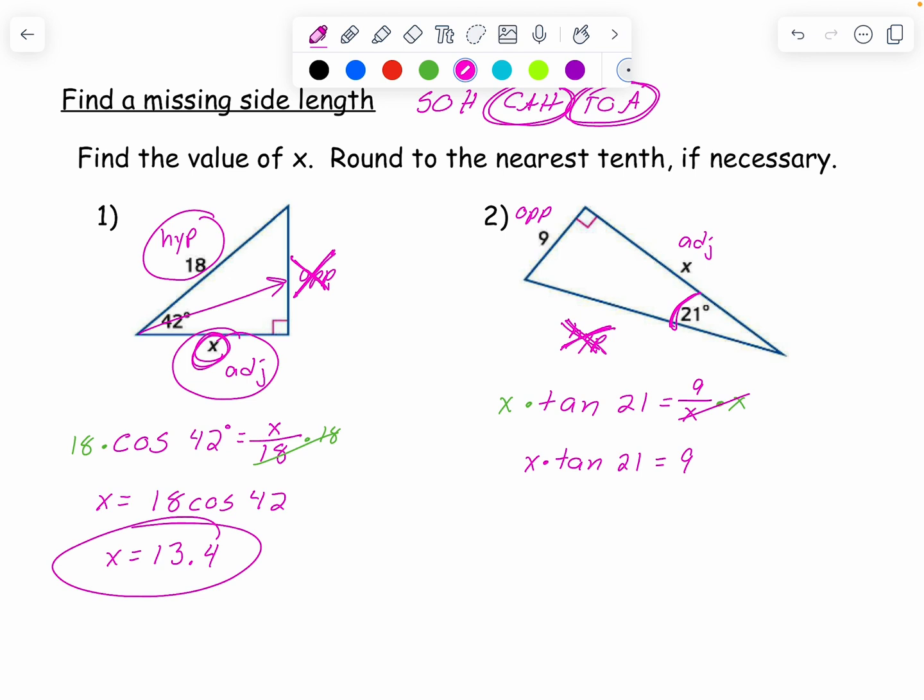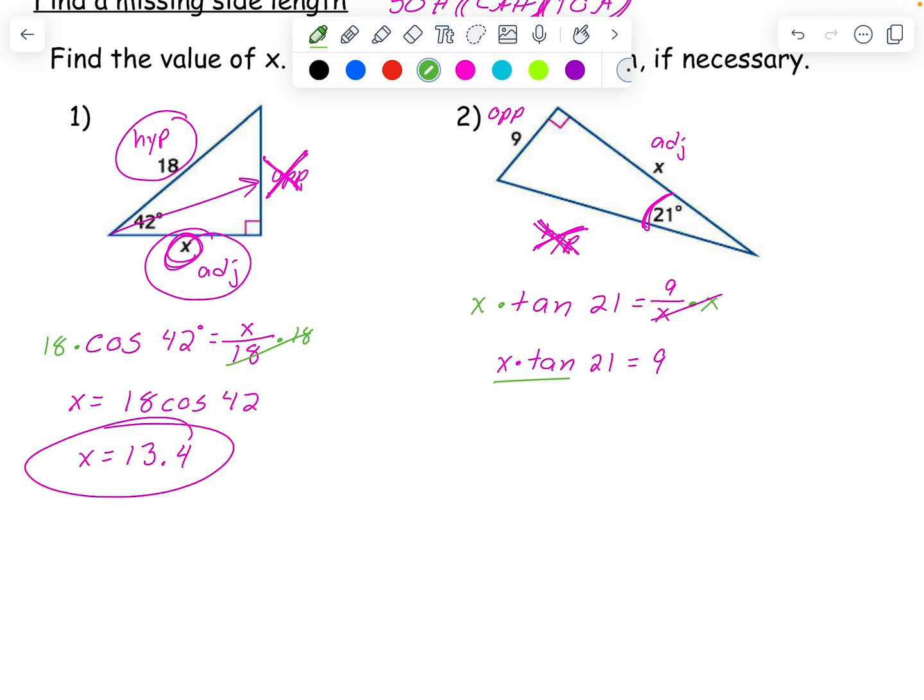Now, since this is x times tangent 21, if I want to get x by itself, I can just divide by tangent 21. So make sure that we do it on both sides. And so the tangent 21's cancel, and we have that x is 9 divided by tangent 21.